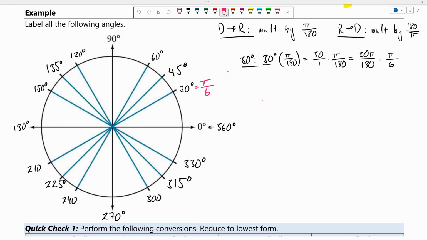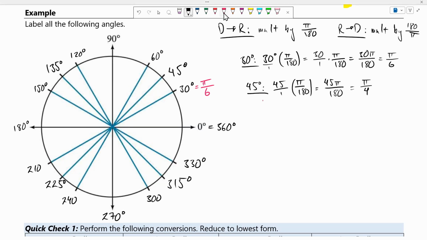Let me do 2 more. 45 degrees. I can do 45 over 1 times, sorry, pi over 180, equivalent to 45 pi over 180. And if you reduce this, pi over 4.